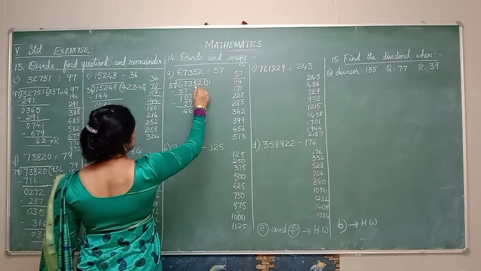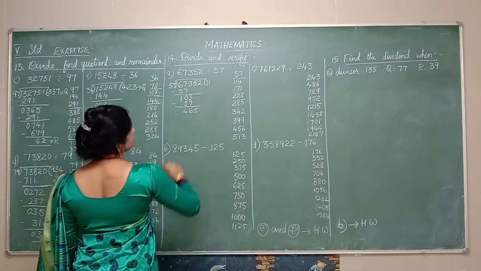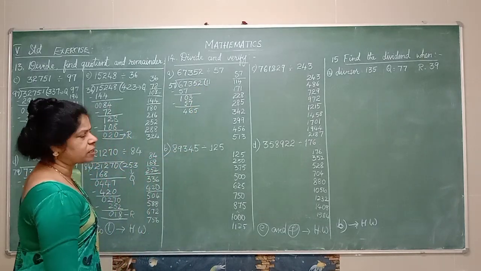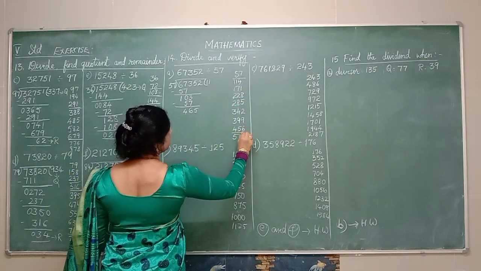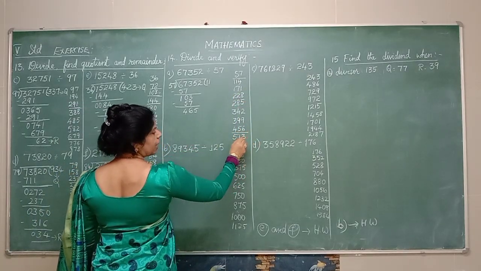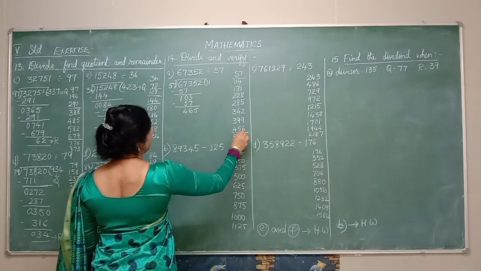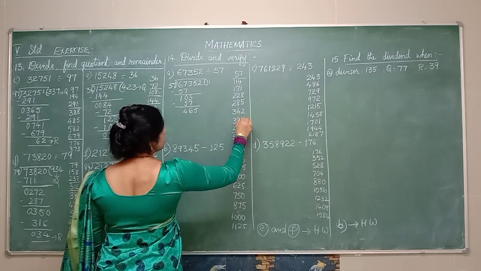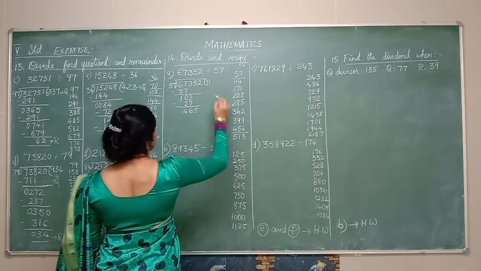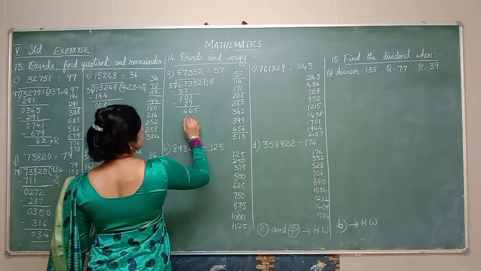Now you have to bring this 5 down. So it became 465. Where does 465 come? Between 456 and 513, 465 comes. So you see 1, 2, 3, 4, 5, 6, 7, 8. It is 8 za.